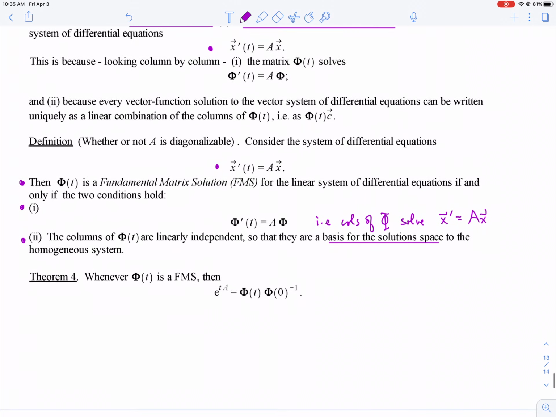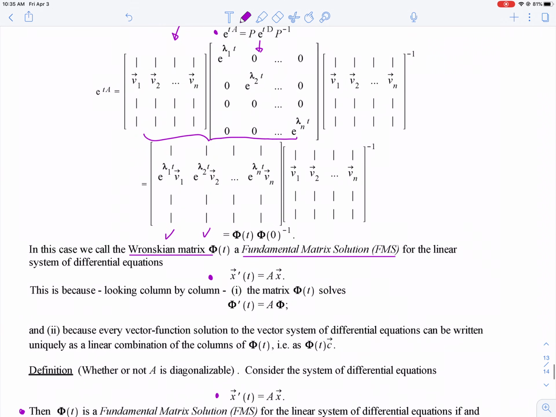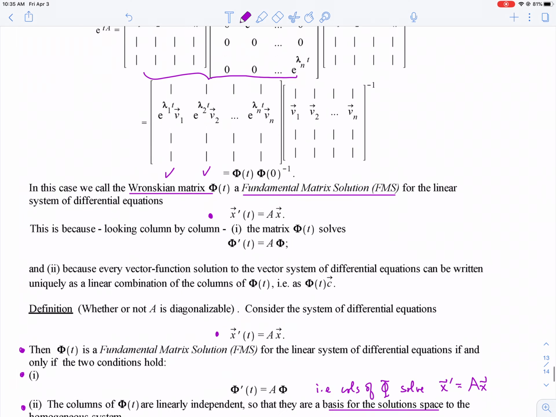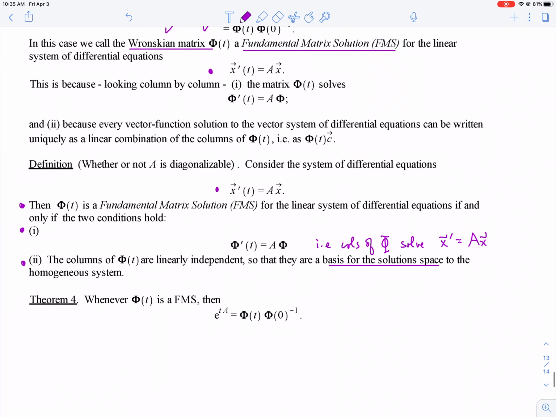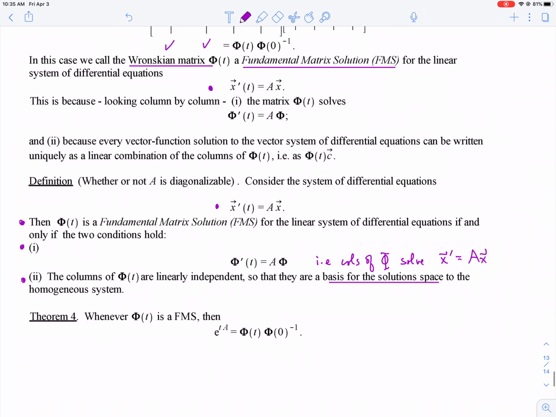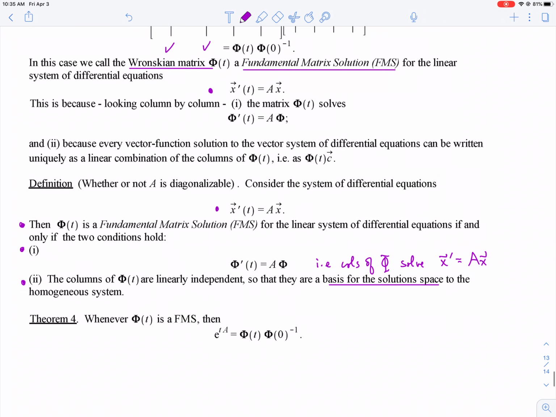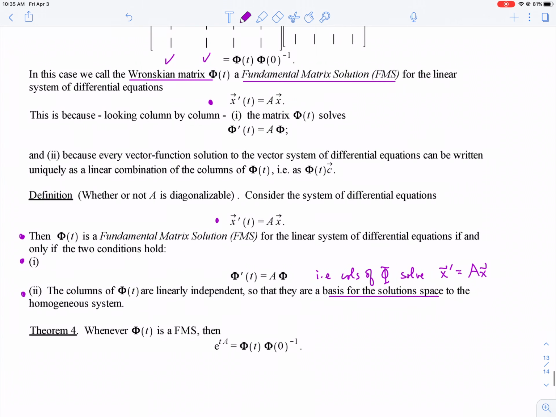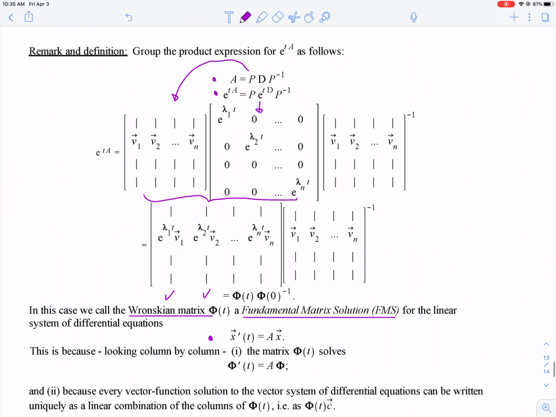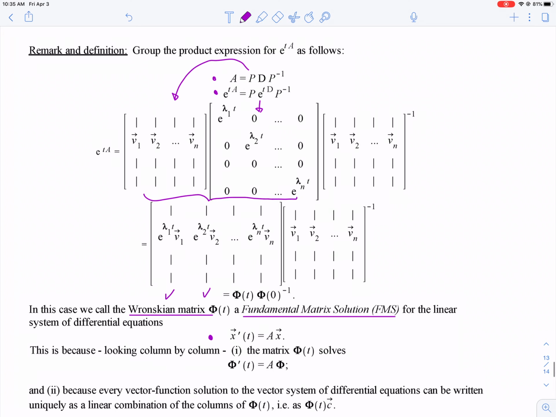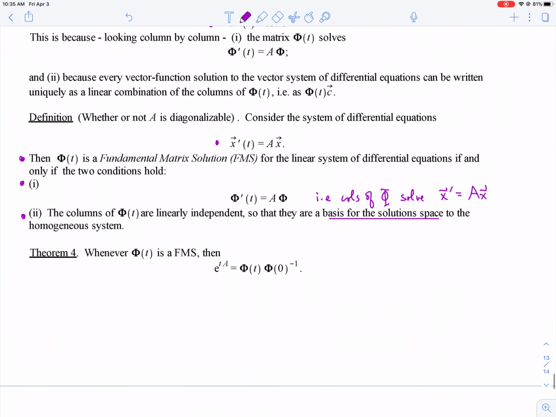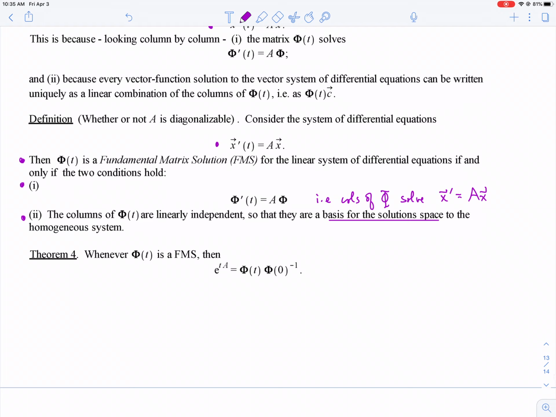Just as is the case for the diagonalizable matrix, it's always true that if you start with an arbitrary Phi(t), then you can recover the exponential by multiplying on the right by Phi(0) inverse. Let's check why that's true.